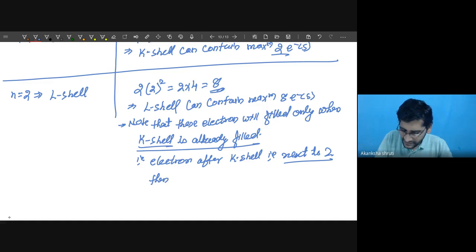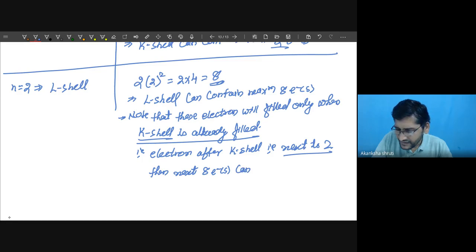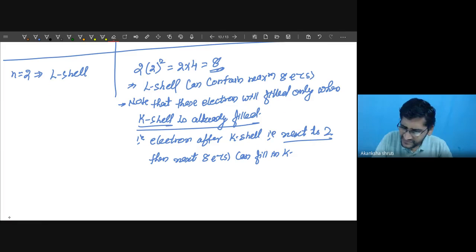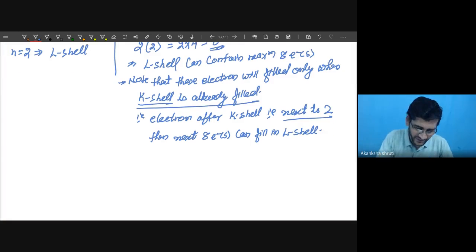The next 8 electrons can fill in the L shell. Okay, it was this.